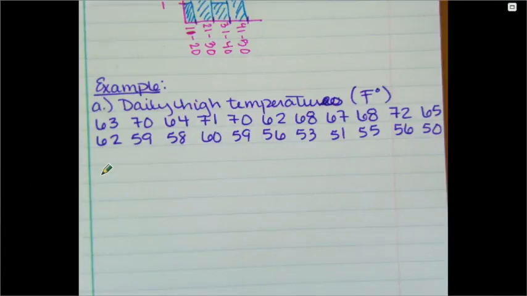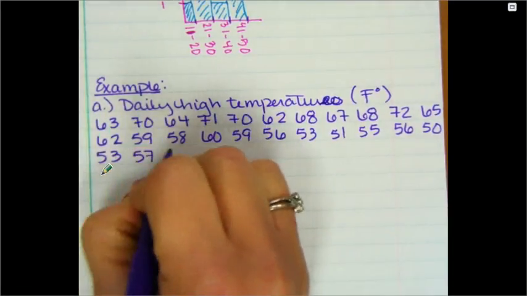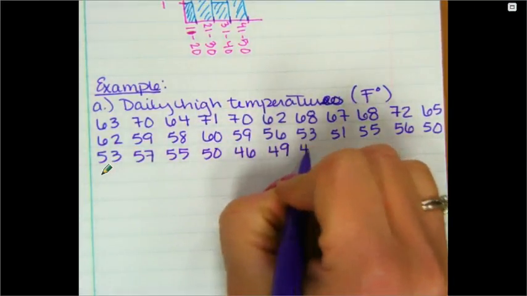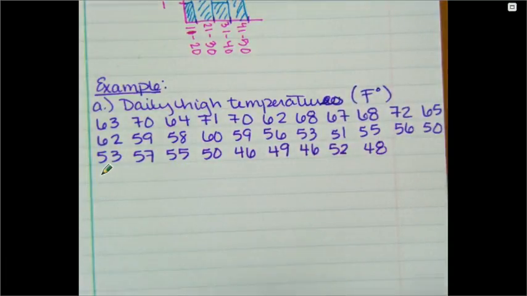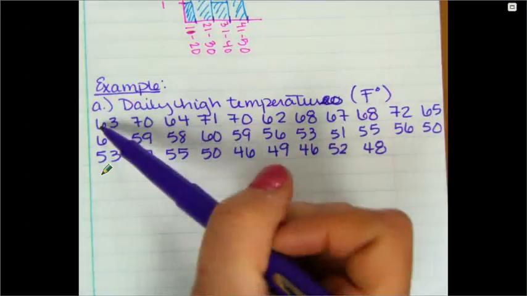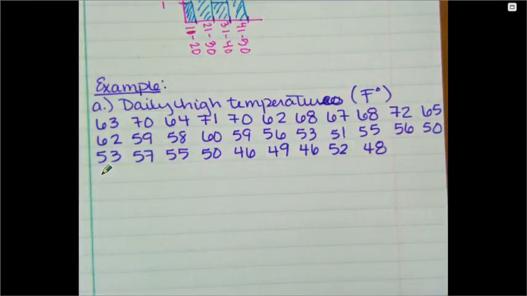Alright, next row. 53, 57, 55, 50, 46, 49, 46, 52, and 48. You have 31 numbers, yeah?